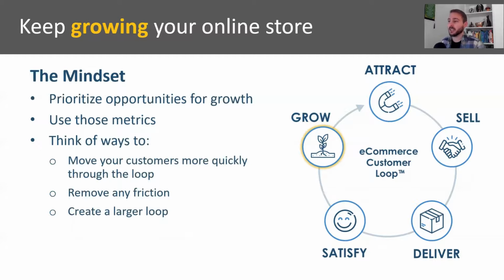So by this being a mindset, you really want to prioritize any opportunities you can see in your path for growth. Some of these growth opportunities might be pretty obvious, like, hey, maybe we should just spend more on marketing, but some of them might not be so obvious. Maybe there's somebody hidden in your network who you can reach out to, who can serve as an influencer or help you get your brand out there. So really just adopting that continuous mindset of growth is really, really key here.